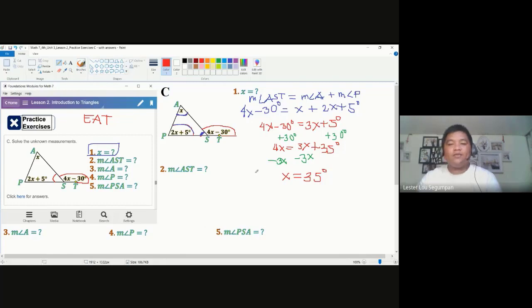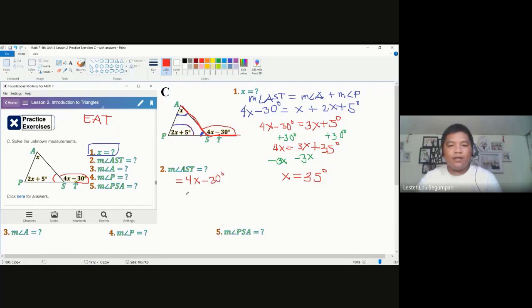So for number 2, the measurement of angle AST is given. This is the angle being asked. The measurement of angle AST is 4x minus 30 degrees.